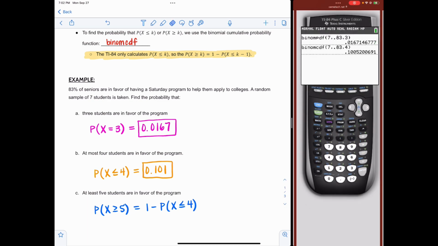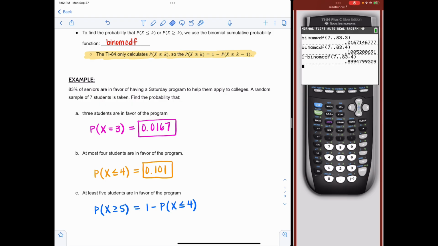Since we already calculated the probability that X was less than or equal to 4, we can just take that value and subtract it. So I'm going to say 1 minus, then press vars, go up to binomial CDF, and paste everything that I had in there previously.